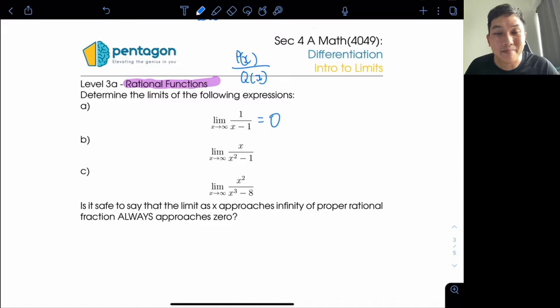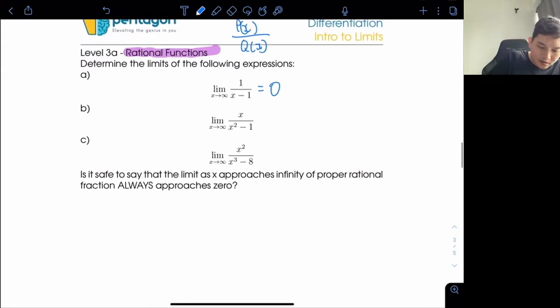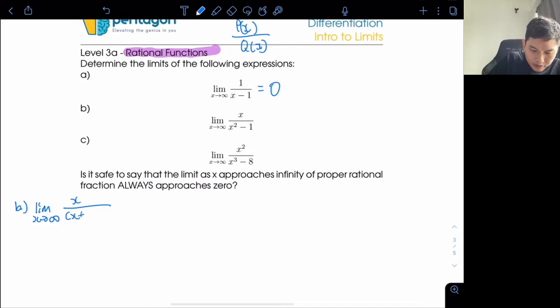Now let's look at part B. So for part B, we have a more complicated expression, but if you notice carefully, the denominator can be factorized. So I'm going to do that. In fact, you can see it's a difference of 2 squares. So let's write that down as x plus 1 into x minus 1.